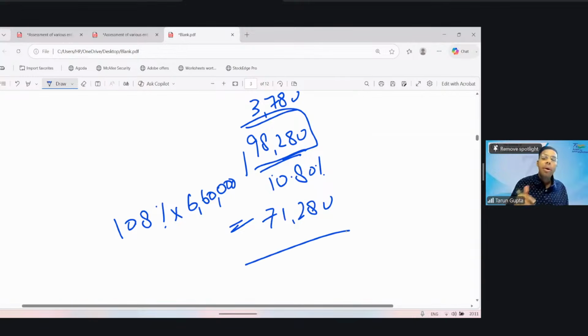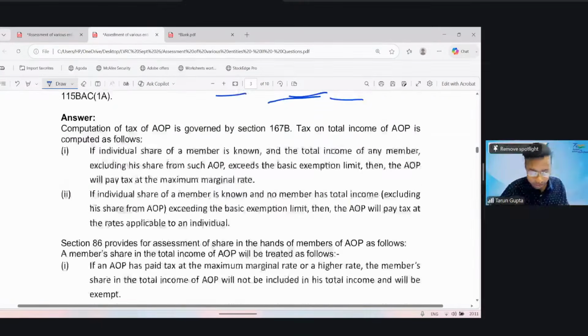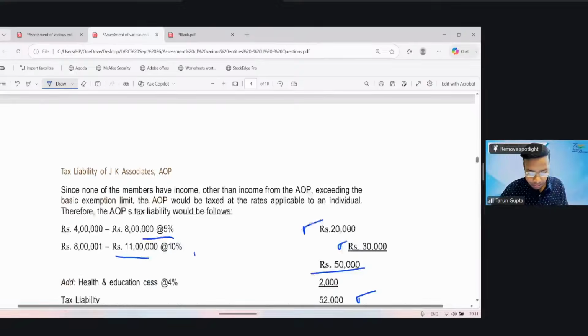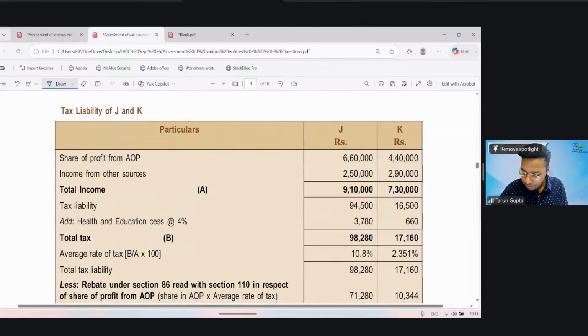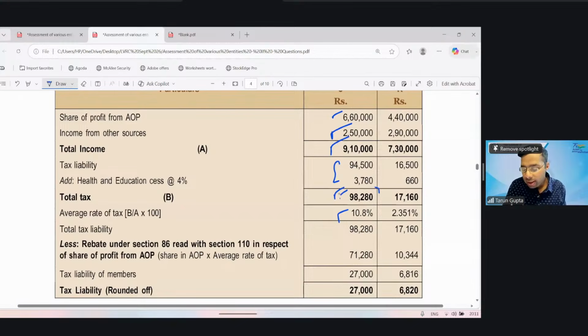The difference I will be able to pay. So see, 6,60,000 is the share in the AOP, 2,50,000 other income, total income 9,10,000. I compute tax under the old regime, 98,280, including cess. I compute the average rate, tax divided by income, comes to 10.8%.